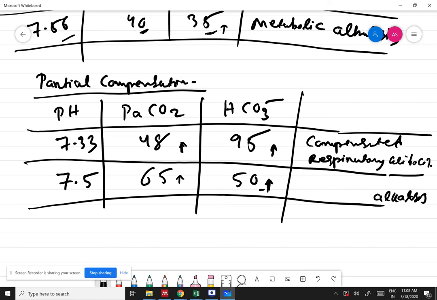To restore the blood back towards the acidic side, the body started moving PaCO2 up by changing the breathing patterns in the lungs. And that led to an increase of the PaCO2 to 65. That means there is a lot more carbon dioxide which is getting retained in the blood. Okay? So this is compensated metabolic alkalosis.